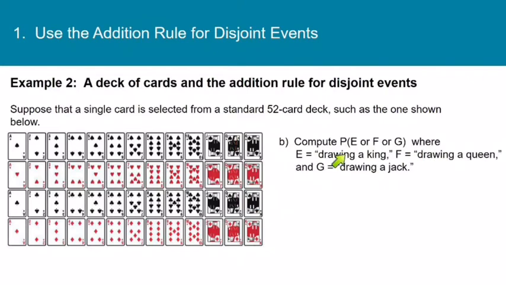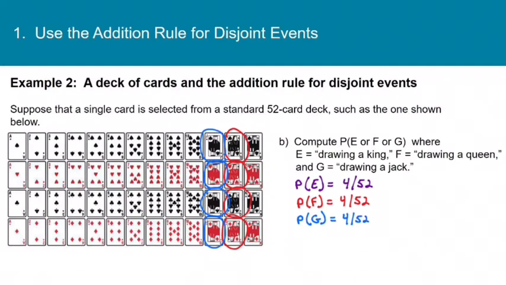And now let's compute the probability of E or F or G, where E is drawing a king, F is drawing a queen, and G is drawing a jack. Well, we already know that the probability of E is 4 out of 52, and now there are 4 queens as well, so the probability of F is also 4 out of 52. And there are 4 jacks, so the probability of G is 4 out of 52.